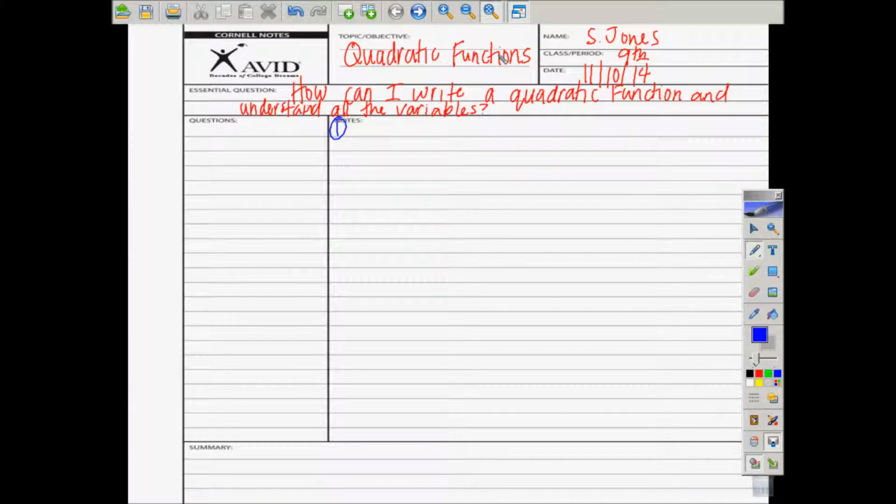So the first form we're going to talk about is standard form. Okay? Standard form is when I have f of x equals ax squared plus bx plus c. Recall? We agree? Okay.